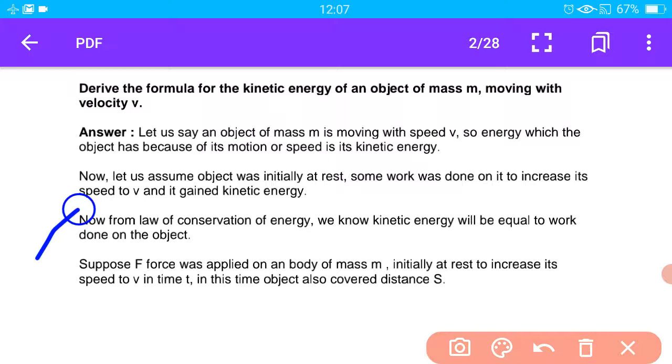Now from the law of conservation of energy, we know kinetic energy will be equal to work done on the object. Suppose force F was applied on a body of mass m initially at rest to increase its speed to v in time t. In this time, the object also covers distance s.